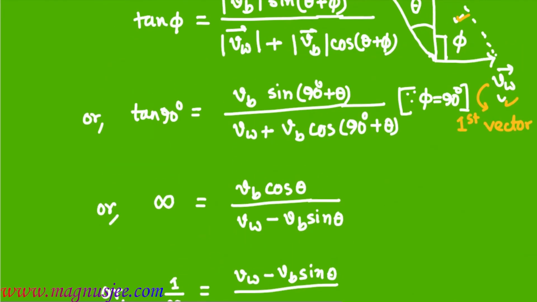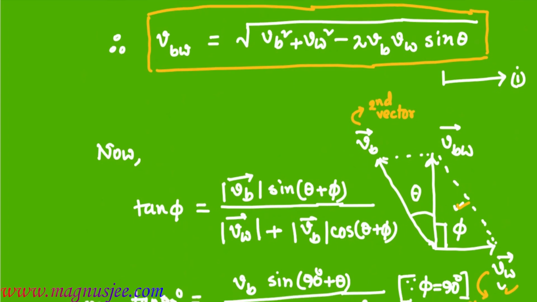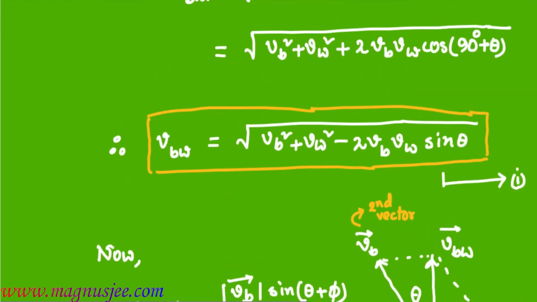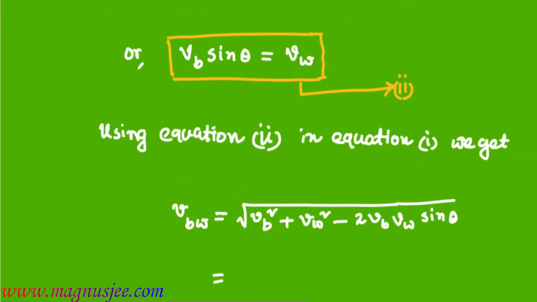From equation 1 we can write VBW equals root over VB square plus VW square minus 2 VB VW sin theta.